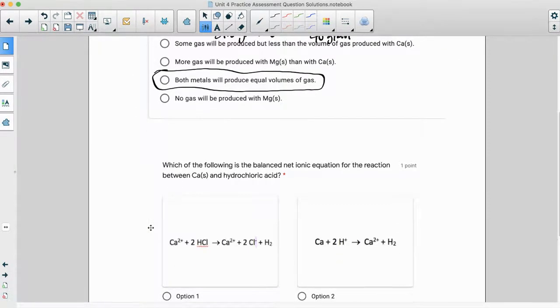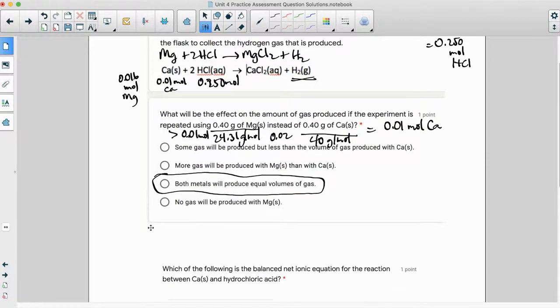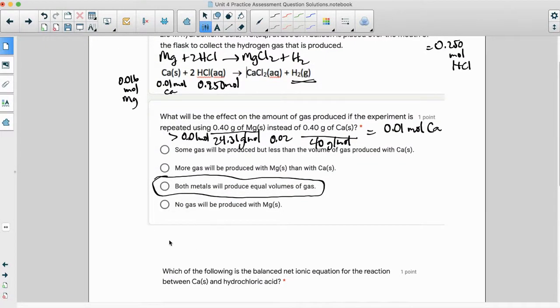Balanced net ionic reaction. So if we take a look at our reaction up here and split it up into its ions, we have to split up the strong acid because it's a strong acid and completely dissociates. We need to split up our aqueous.